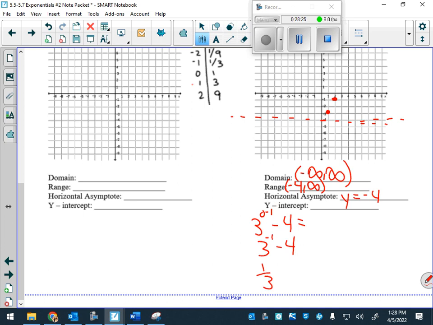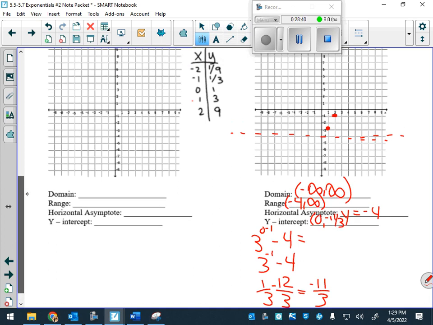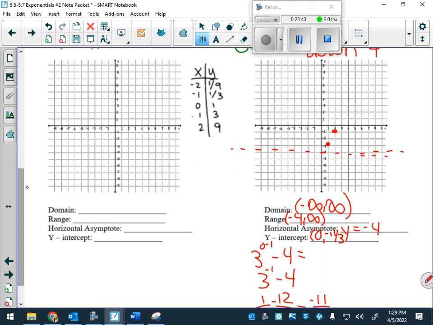Now, you need a common denominator before you subtract, which would be 3. -12/3, which gives you 0, -11/3. Okay? So this moves over. Okay, that's what your graph should look like, or something similar to it.